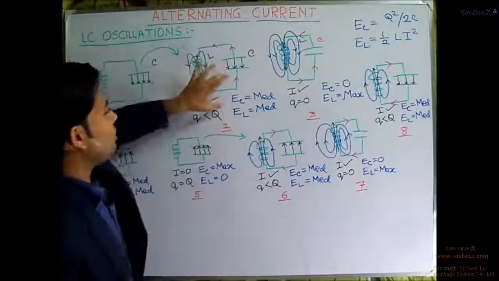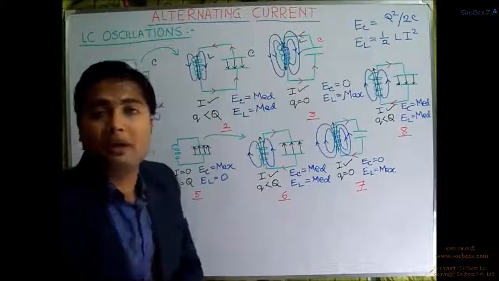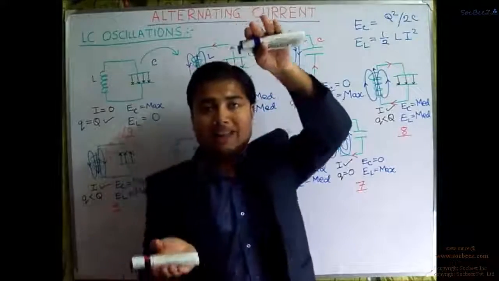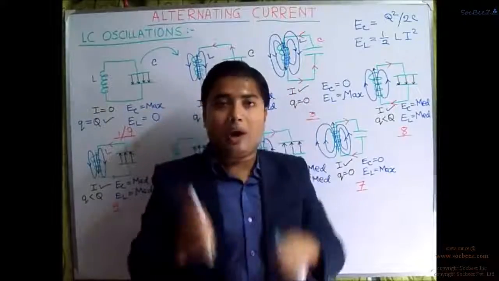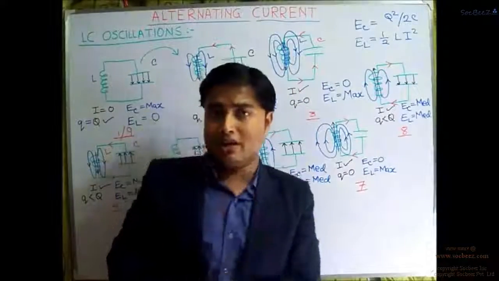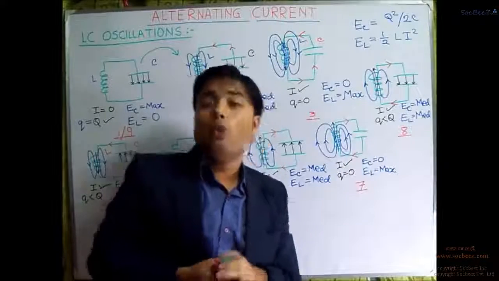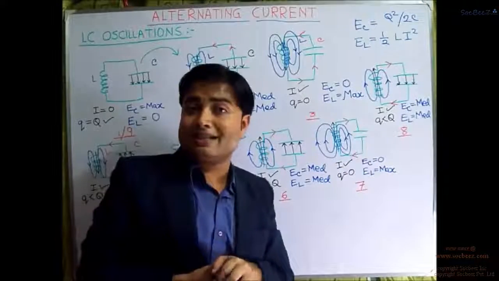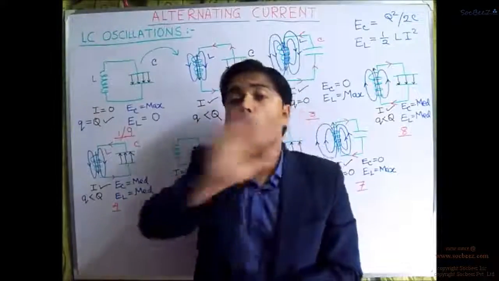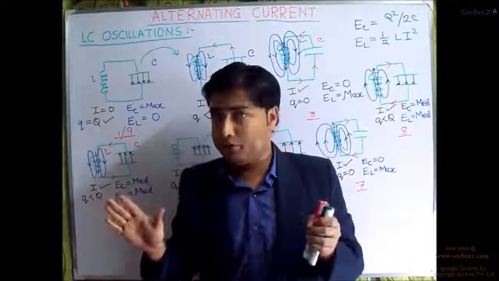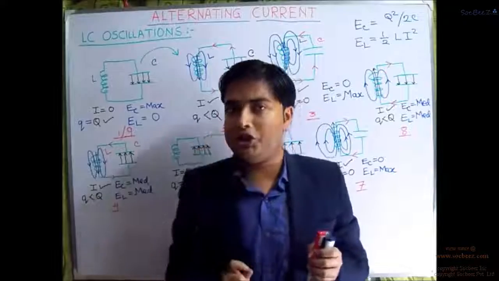So in this situation where EC and EL are both medium, they are at this level. But always in these scenarios, in ideal cases, we will find the following. Ideal cases means obviously there will be only L and C, no R, I mean to say no resistor or no resistance.